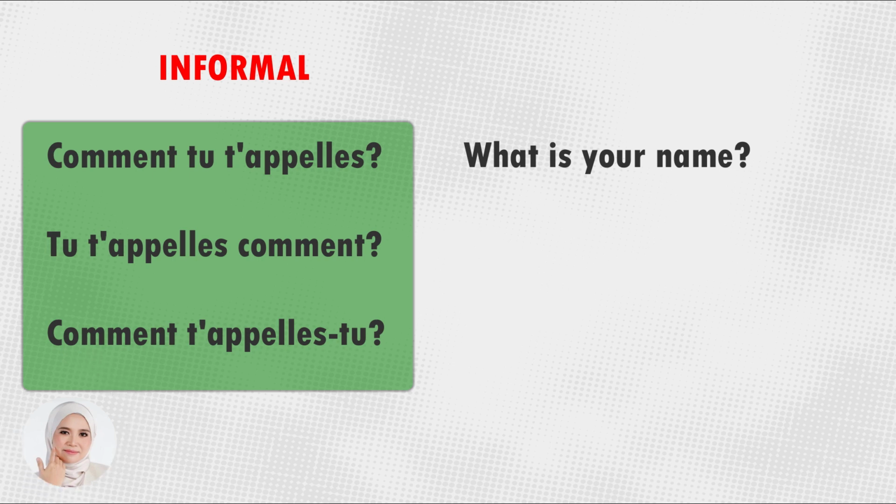Comment t'appelles-tu? The S here is silent. Now, if you can see clearly, comment is a WH question which is placed at the beginning or at the end of the question. That is how questions in French are constructed.